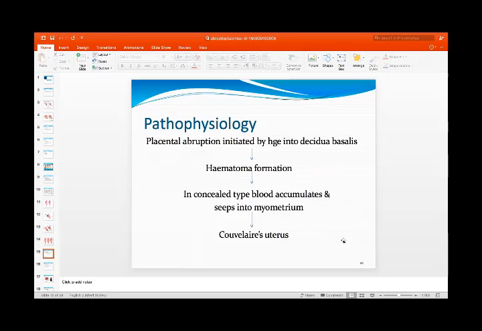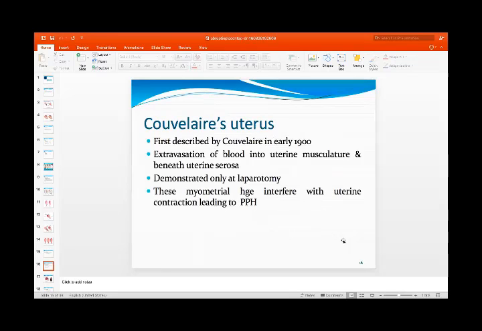In concealed type, this blood will keep on accumulating and increase the size of the hematoma. And the blood may seep into the myometrium, into the uterine wall, and it will make it a Couvelaire uterus. The Couvelaire uterus has ecchymotic patches on the uterine wall.